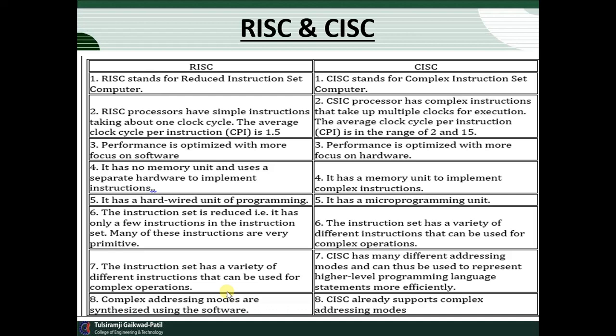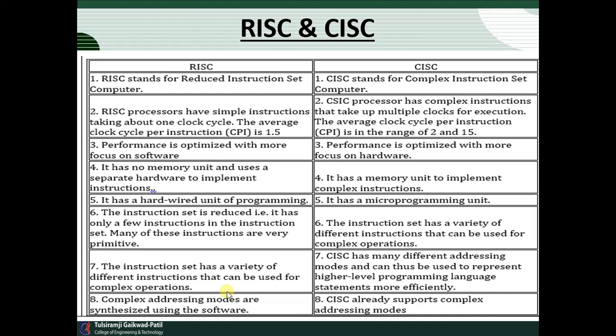The first difference is that RISC stands for reduced instruction set computers, while CISC stands for complex instruction set computers. Now, the RISC processor has single instructions taking about one clock cycle.